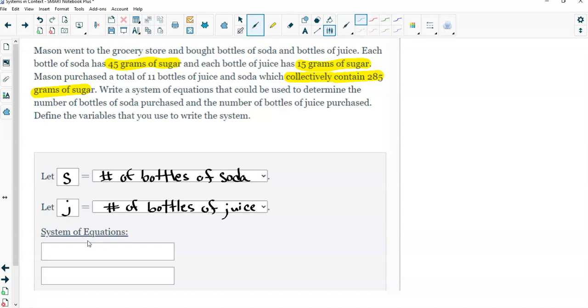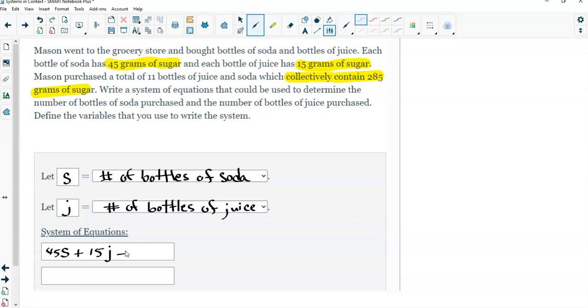So I could make an equation. I would say 45 grams of sugar for soda, so 45, plus 15 grams of sugar, and that's per juice.